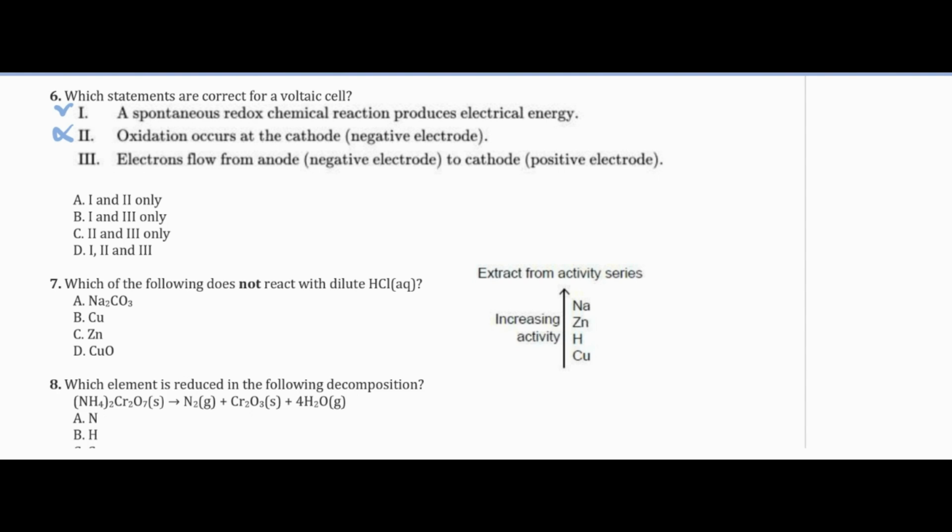So that goes for any cell. Voltaic, electrolytic, oxidation occurs at the anode. And number 3, electrons flow from the anode to the cathode. Yes, that's true. So from the place of oxidation to the place of reduction. So that will be B.